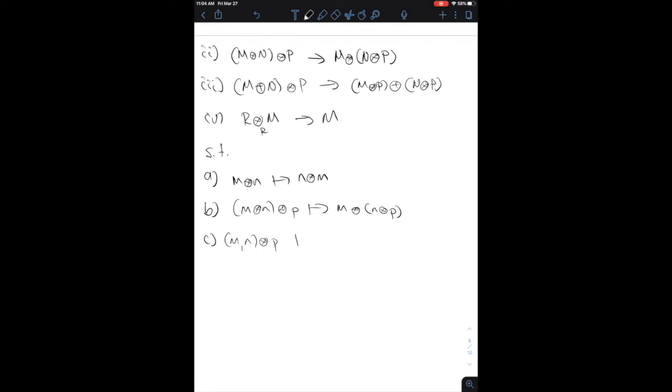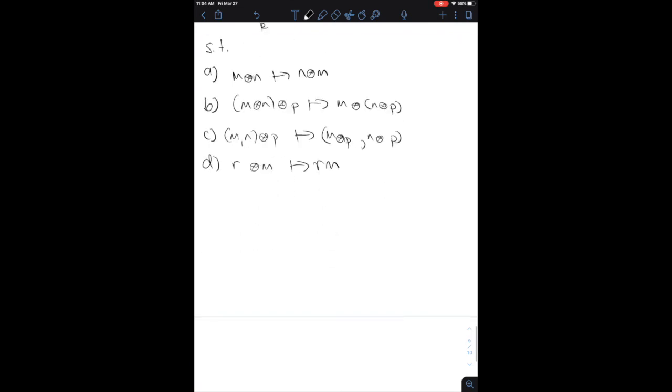The third one is given by (m, n) tensor p is mapped to (m tensor p, n tensor p). And the last one is given by r tensor m is mapped to rm.